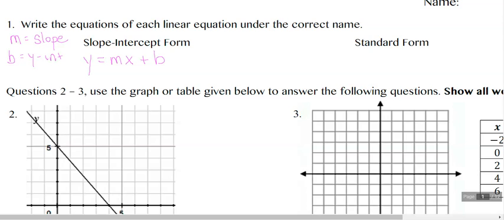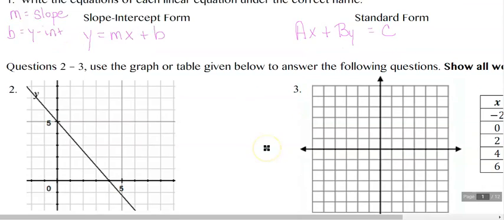So that's where it crosses, in this case, the y-axis. And then standard form for linear equations is a times x plus b times y equals c. And we can convert from one to the other, and we're going to do a little bit of that today.